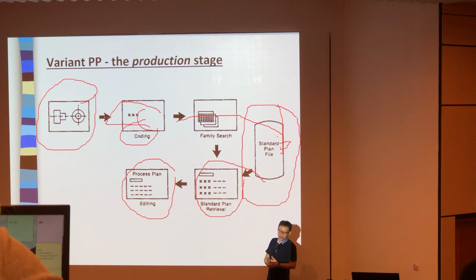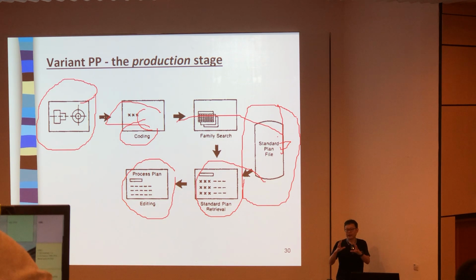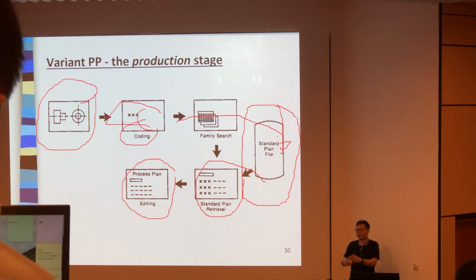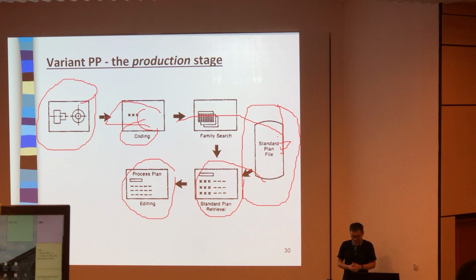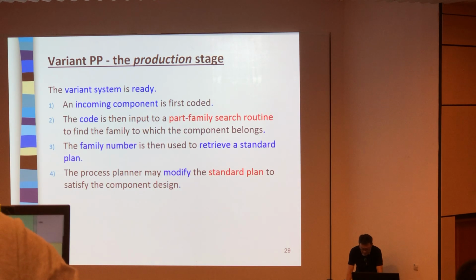Also, the sequence of the processing steps in the standard plan may not meet 100% of the new part. So the last stage is that the process plan needs some adjustment, which we call the editing process.